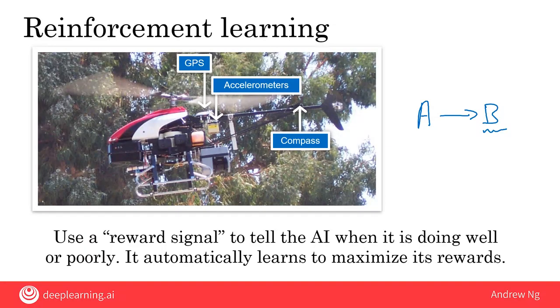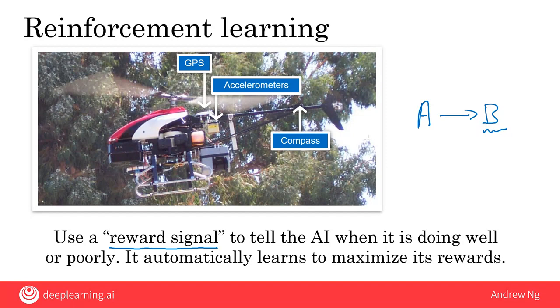More formally, a reinforcement learning algorithm uses a reward signal to tell the AI when it's doing well or poorly. This means that whenever it's doing well, you give it a large positive number, a large positive reward. And whenever it's doing a really bad job, you send it a negative number, a negative reward.